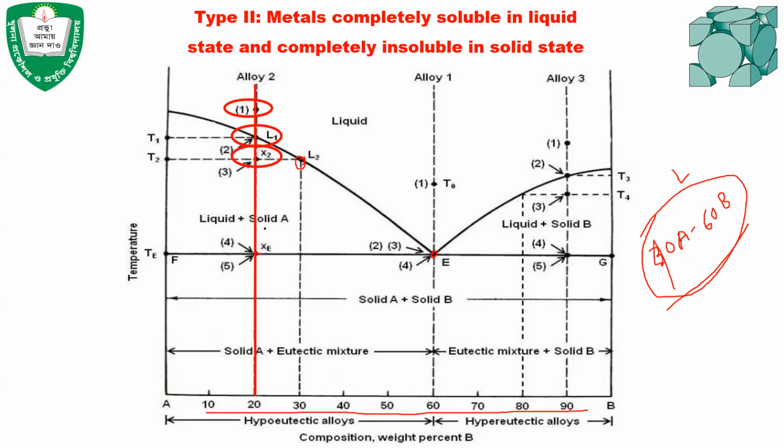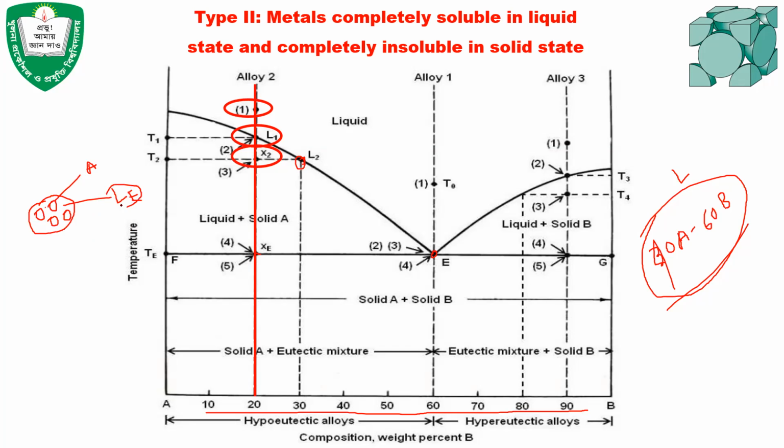So if we want to see the microstructure just before temperature TE, that means before starting the solidification, the temperature has reached TE but solidification has not started yet, then the microstructure will have grains, the crystals of solid A, and the rest will be the liquid at eutectic composition.